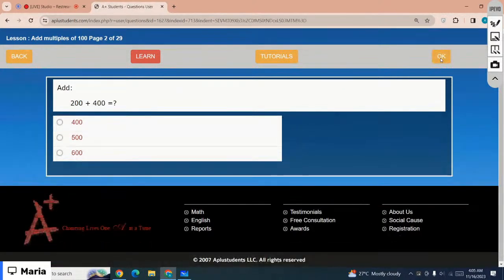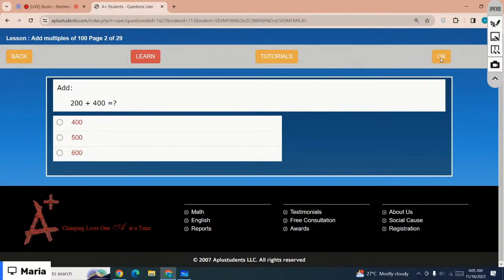Okay, the next one is 200 plus 400. So how do we add, which is the correct option? So both the numbers have again same number of zeros.